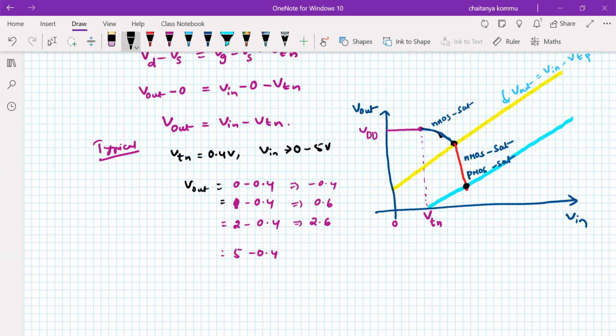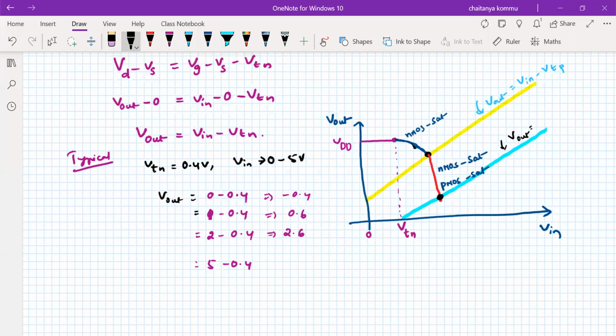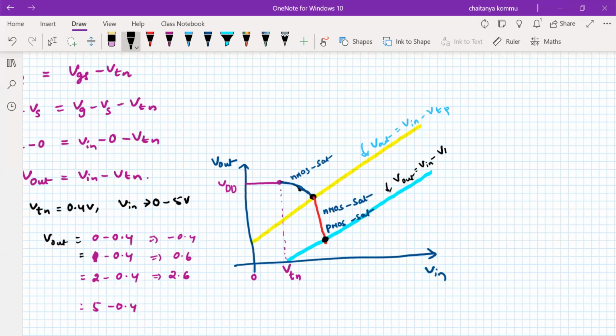It is saying that this line is meant for Vout is equal to VIN minus VTN. So whenever the characteristic curve touches this line, it makes sure that the NMOS transistor will enter into the linear region.